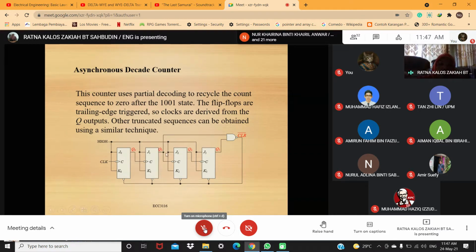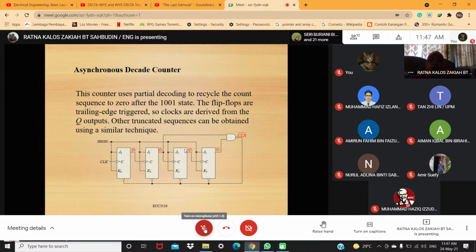Okay, so if you look at this counter here, the J, K all connected to high. So it is always toggle. Okay, and then the clock connected to Q. You have bubble here. So you look at the trailing edge or the negative edge.